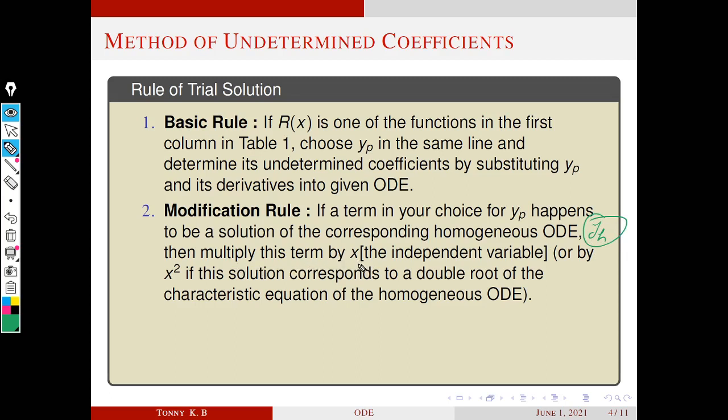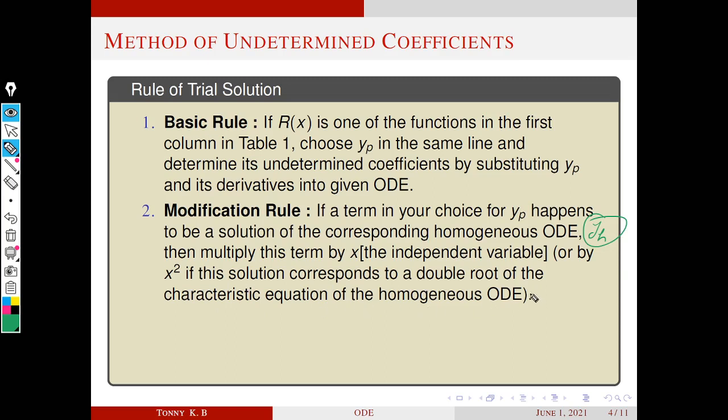This term means our trial solution. Then we multiply the trial solution by x, whatever be the independent variable, or by x square if this solution corresponds to a double root of the characteristic equation of the homogeneous ODE.